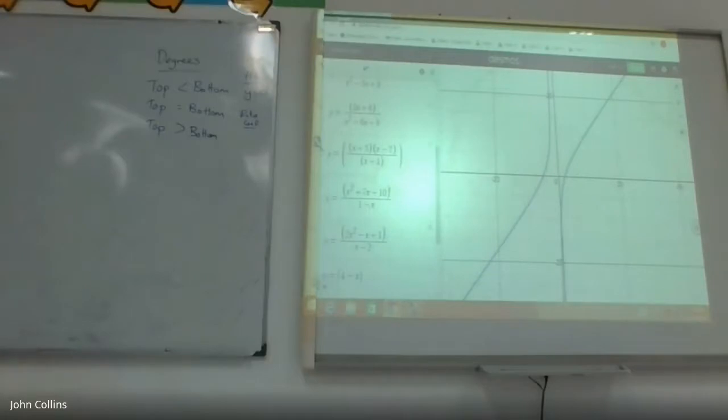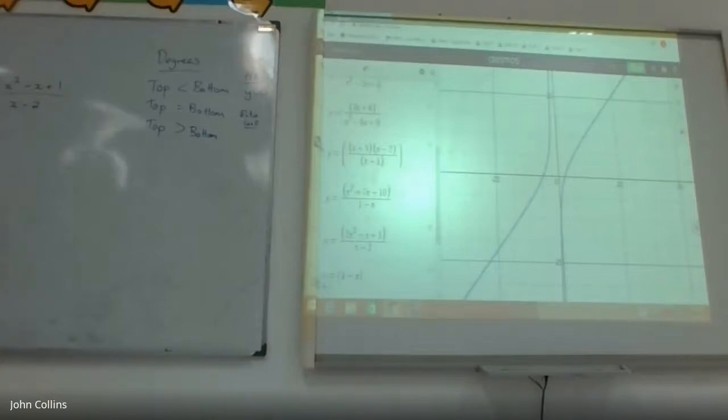Okay, let's have a look. The one we're looking at is 2x squared minus x plus 1 over x plus 1. I basically want to graph this, including all the asymptotes it has. Can't remember if that's the way the question's asked, but it's something like that.